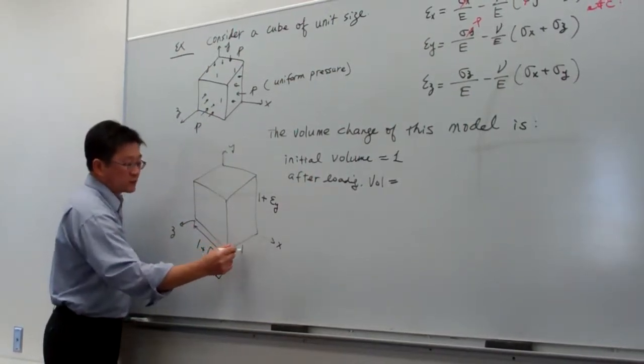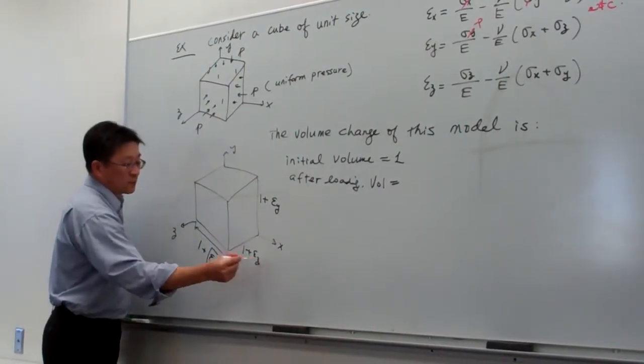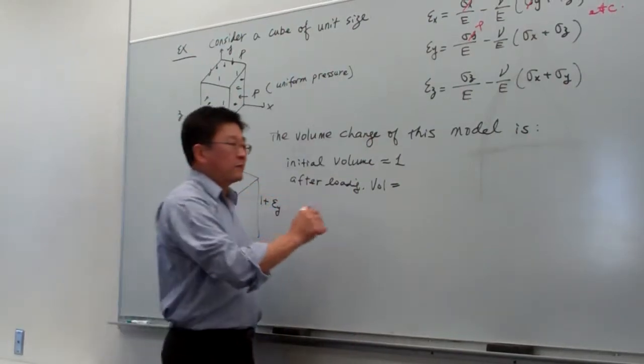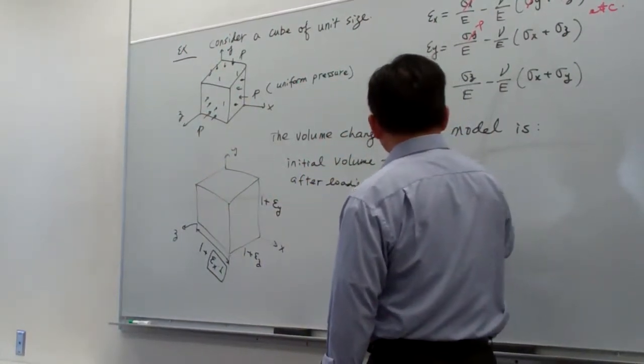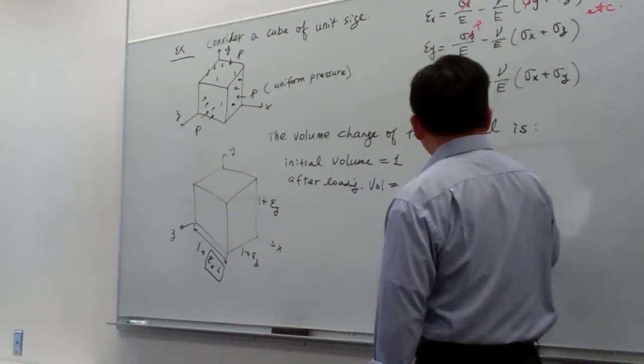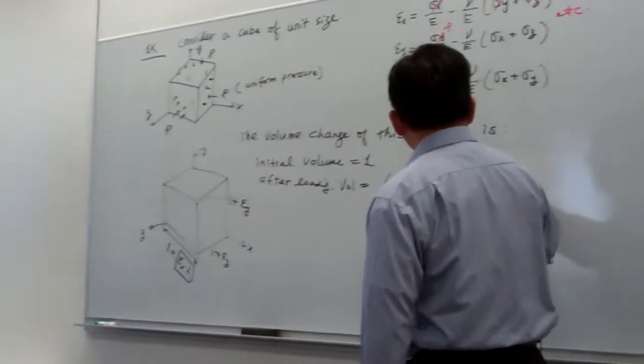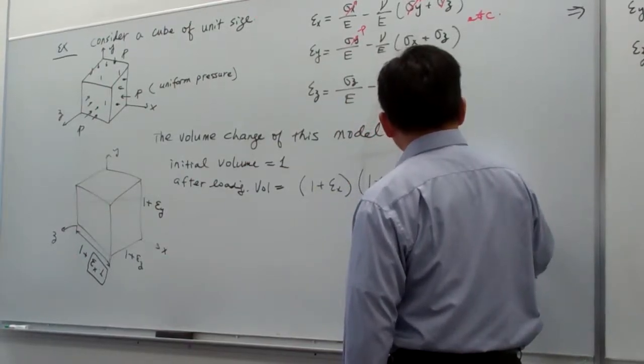In the z direction, the same thing with epsilon z. So the volume after loading is basically the 3 dimensions multiplied together: 1 plus epsilon x, multiplied by 1 plus epsilon y, multiplied by 1 plus epsilon z.